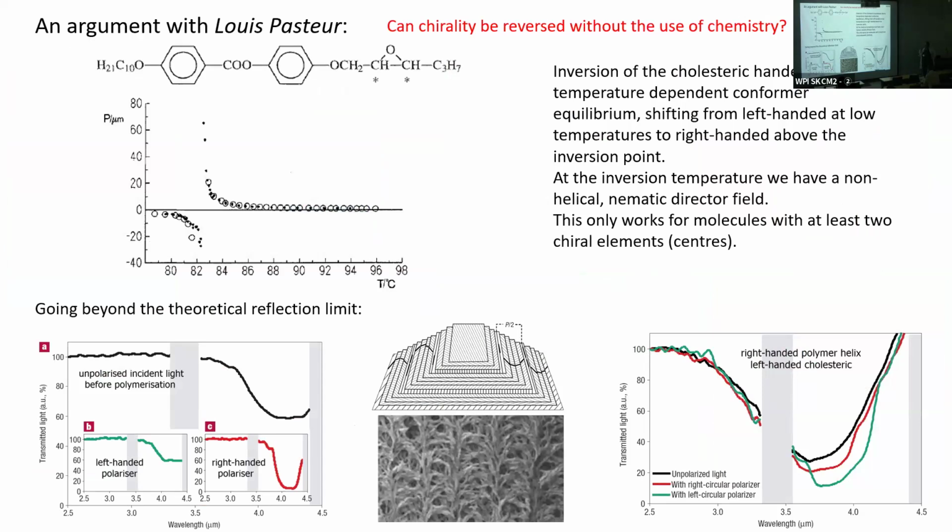Now, if we go back 150, 170 years to our friend Louis Pasteur, he said that you can have left-handed molecules, you can have right-handed molecules, but you can't interchange them. And the left-handed ones will always be left-handed, the right-handed ones will always be right-handed. This is not true. At least not in liquid crystals.